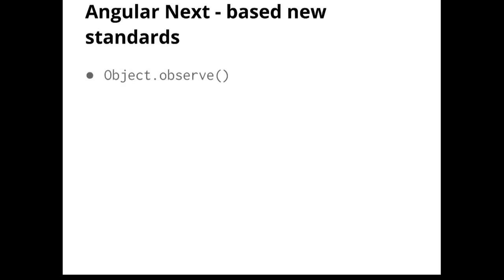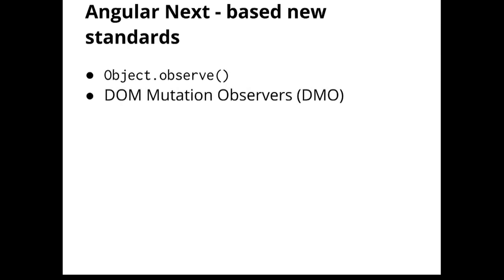Some examples of those are Object Observe, which allows us to do very performant checking of the model mutations. The other one is the mutation observers, just a way of the browser telling us, hey, there was a new element added to the page or to the document. Template element, an awesome element that allows us to avoid many of the hacks that we have to do with Angular today, because we don't have an element that would be a good placeholder.